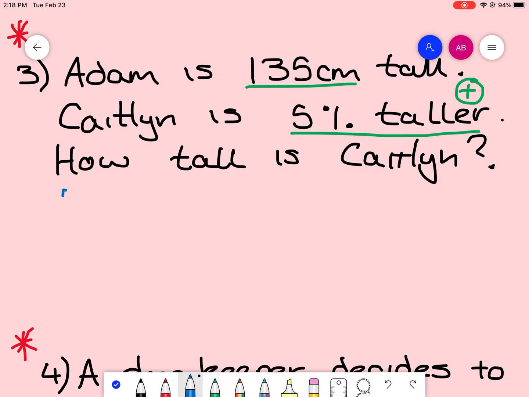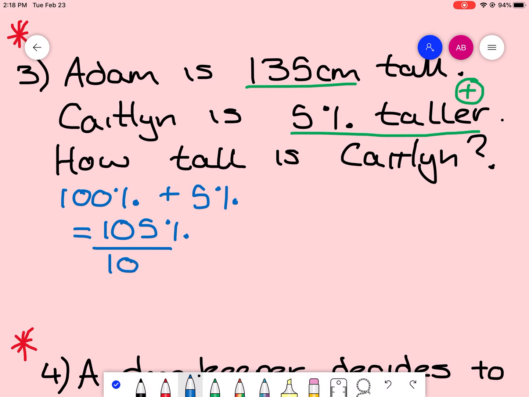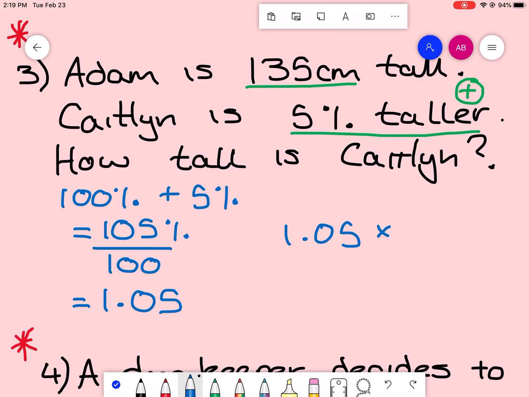So what we want to do with this one again is start with the 100%, add on the percentage that we want to add on for Caitlin's height, giving us a total of 105%. Change that to a decimal by dividing by 100. So we get 1.05. We take the 1.05 decimal and times it by the original height.